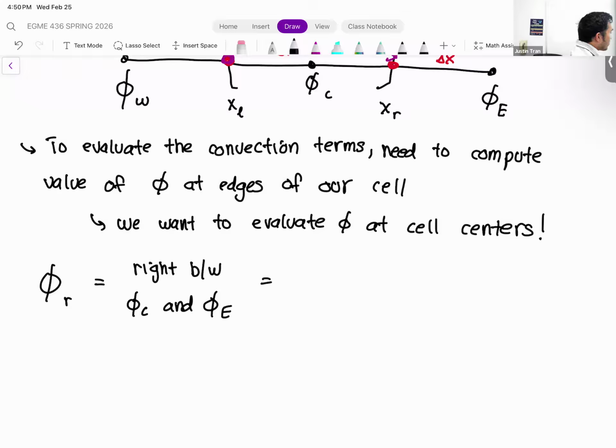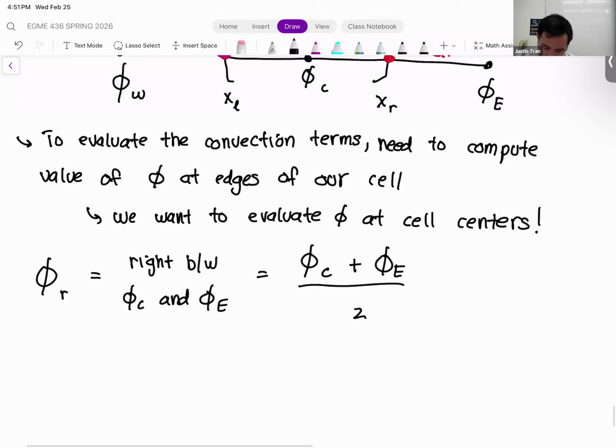So if we evaluate the value of phi right in between, it's just going to be the simple average between the two. So phi sub little r is phi sub c plus phi sub e divided by 2.